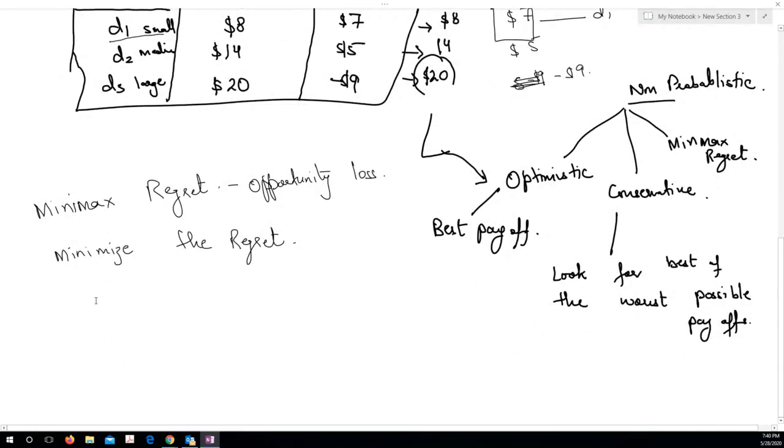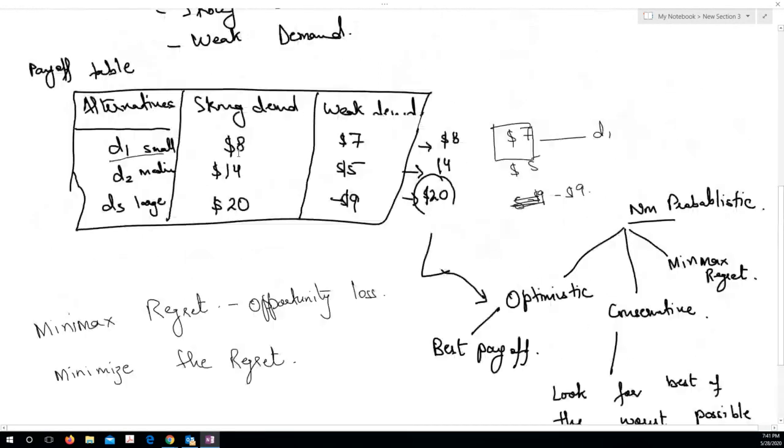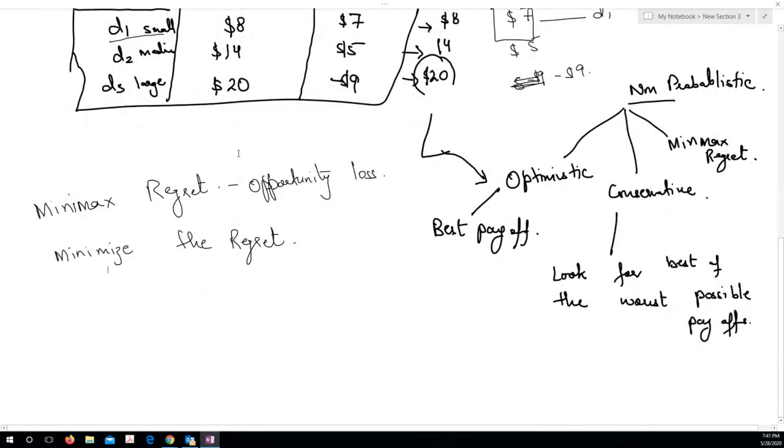To find the regret in this scenario, we can build tables, or the textbook also gives us a nice formula.